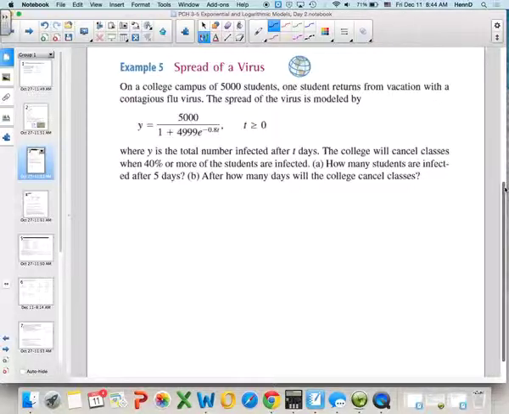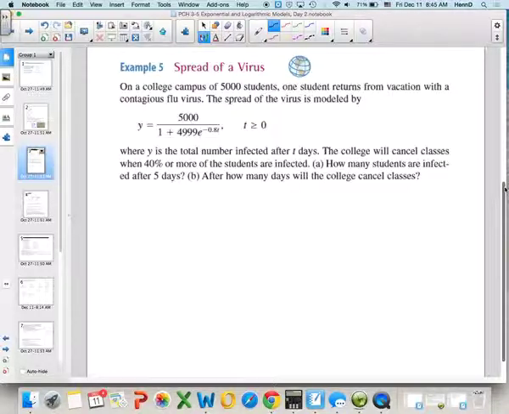I graduated in 2003. There was a big outbreak of whooping cough that went almost nationwide, and that's when they shut down classes for a day. Was it a good day? I wasn't sick, so yeah, it was good for me.